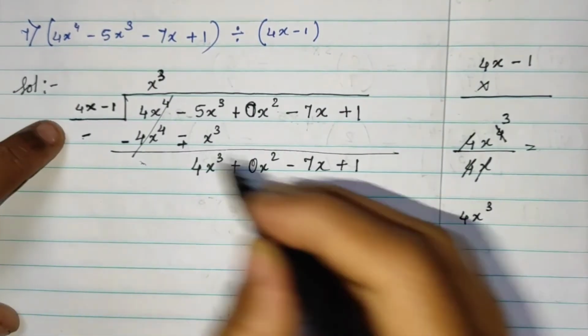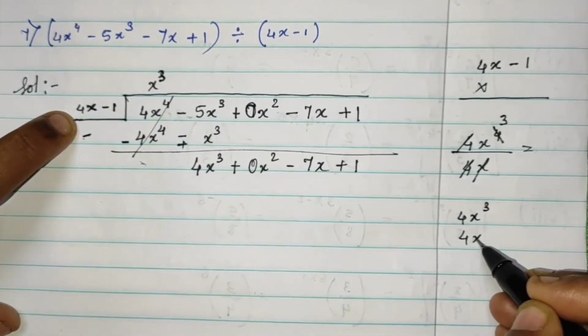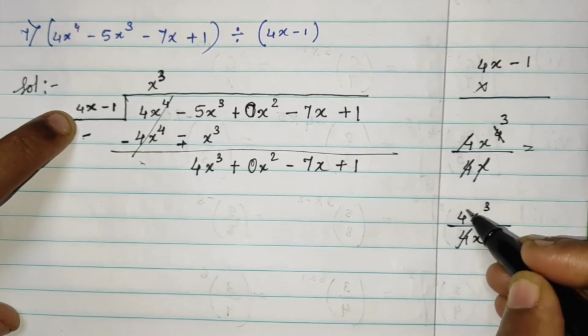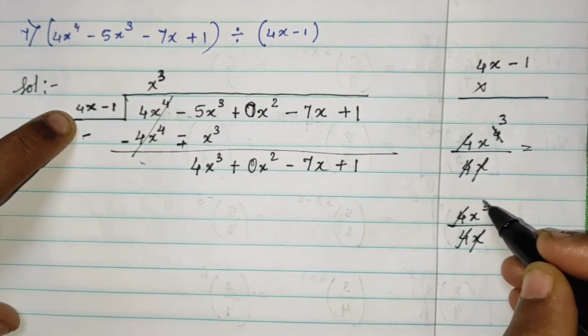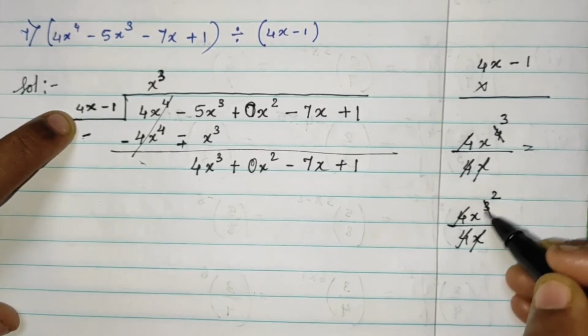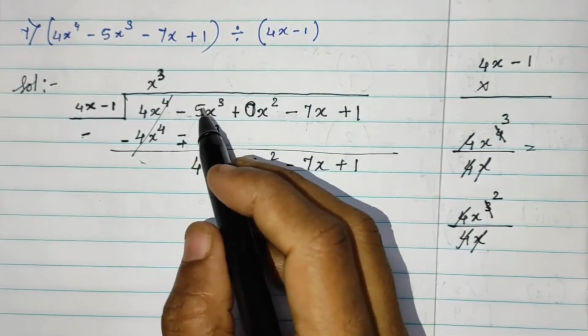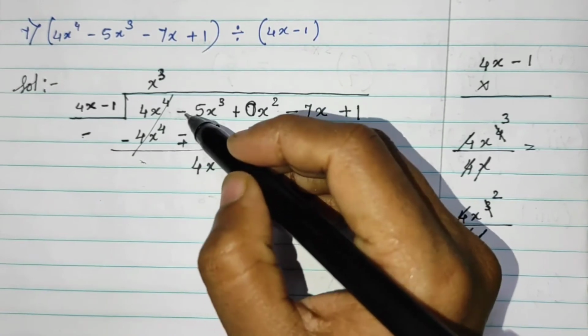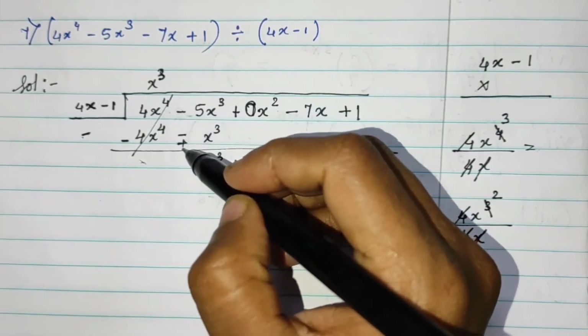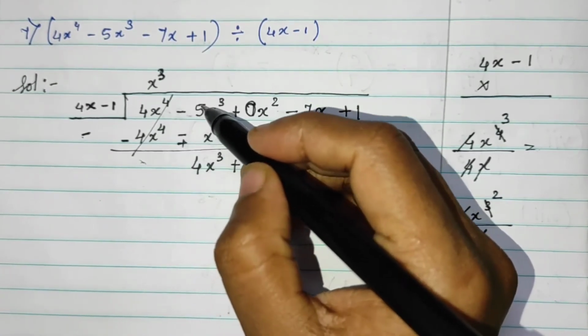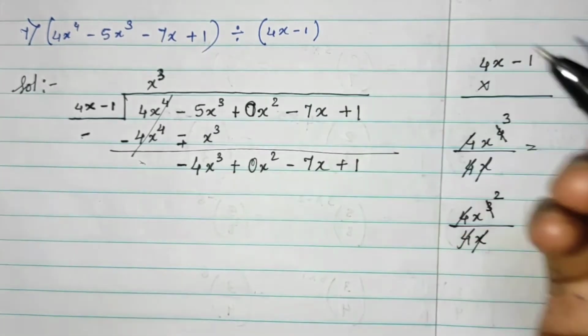Now further, what do we need? 4x cube divided by 4x. 4 and 4 get cancelled, x also gets cancelled and here remains x square. Now see, this was minus 5 and this was plus. Minus plus minus, the greater number is negative.